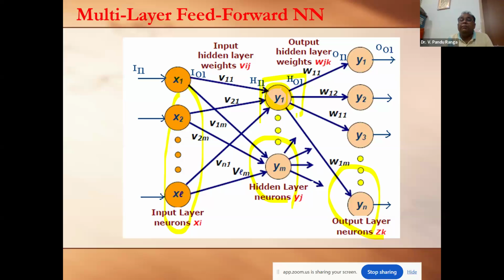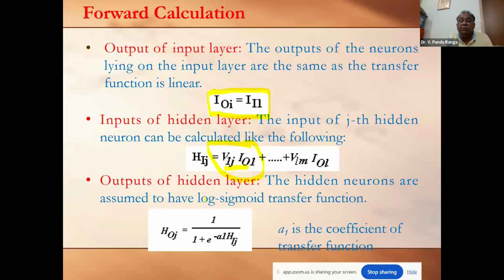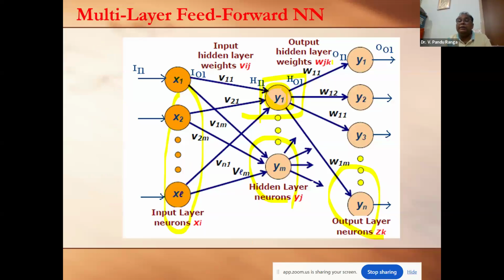Then, by following the log sigmoid transfer function, we transform the signal to the output layer. That is 1 by 1 plus e power minus a1 and hij, that is log sigmoid. And then, whatever outputs are obtained, once again the weighted sum of all the outputs of the hidden layer will be given as input to the neurons present in the output layer.